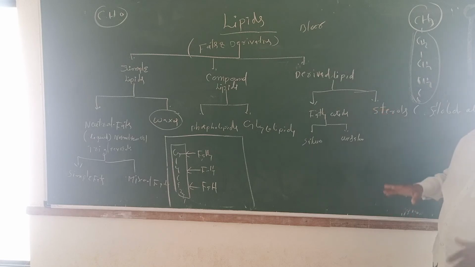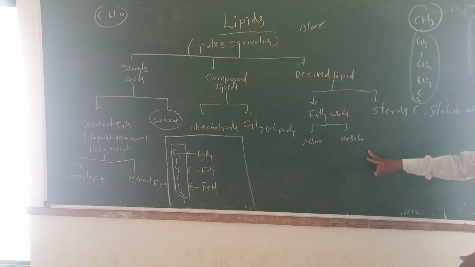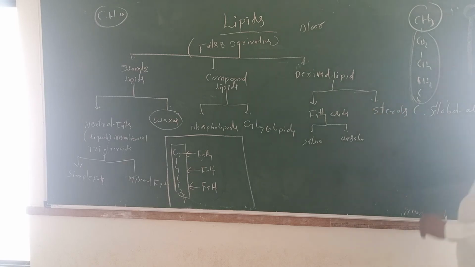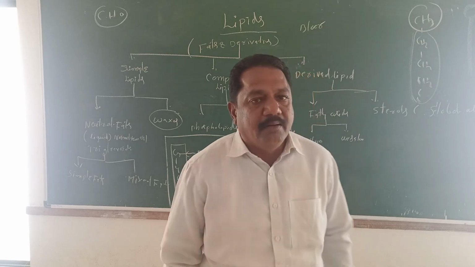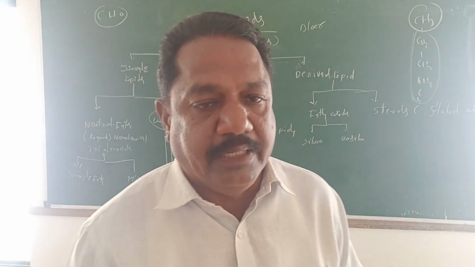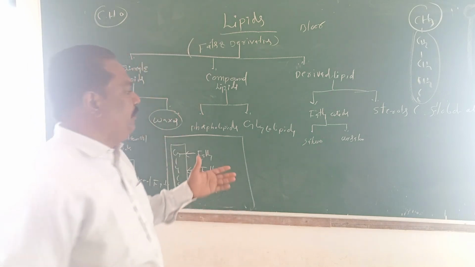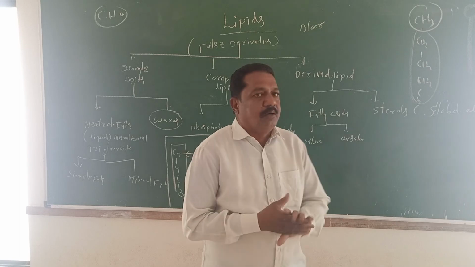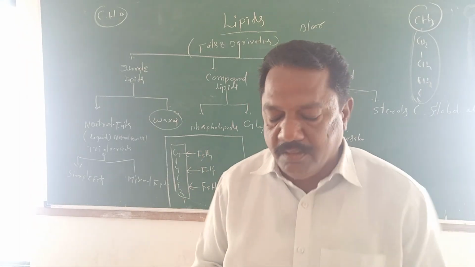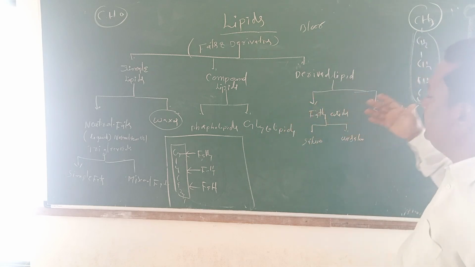The fatty acids are further classified into saturated fatty acids and unsaturated fatty acids. Sterol is an alcohol; solid alcohol is called sterol. So lipids are basically classified into three main categories: simple lipids, compound lipids, and derived lipids.